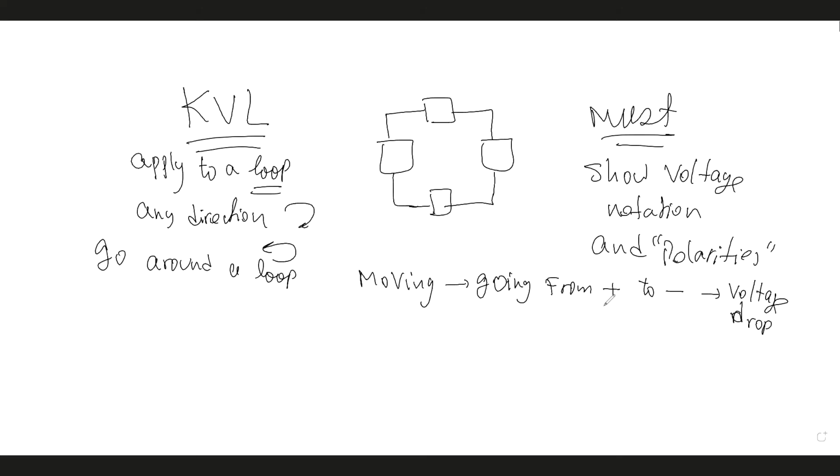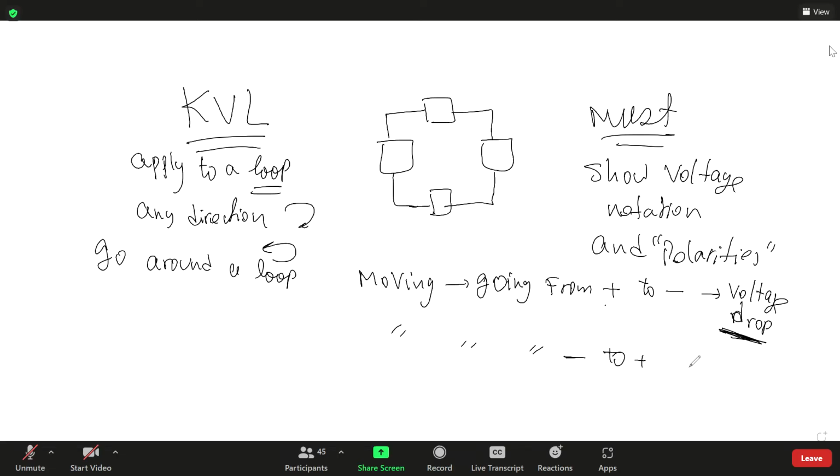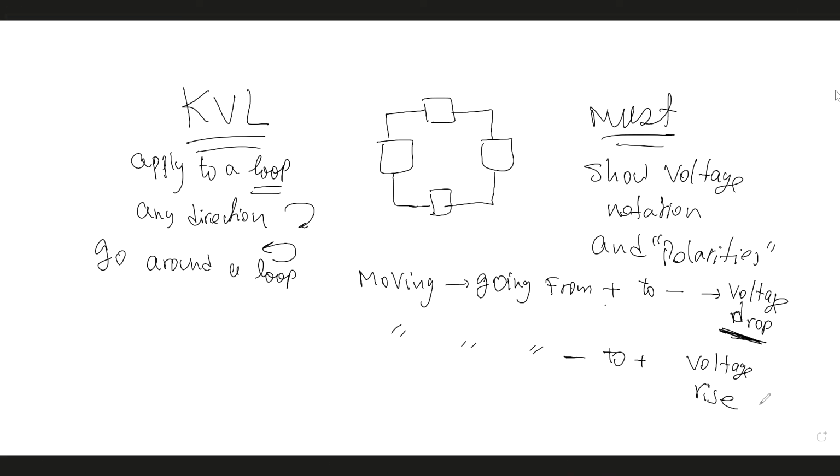If you're moving and going from minus to plus, this is called voltage rise, regardless of value. So anytime you're moving along the loop, when you hit an element, you get either a voltage drop or a voltage rise.